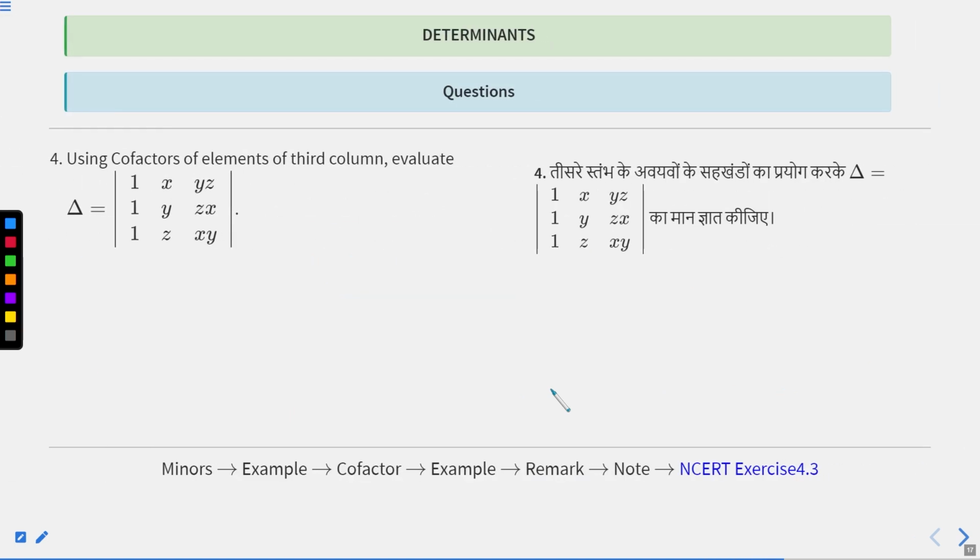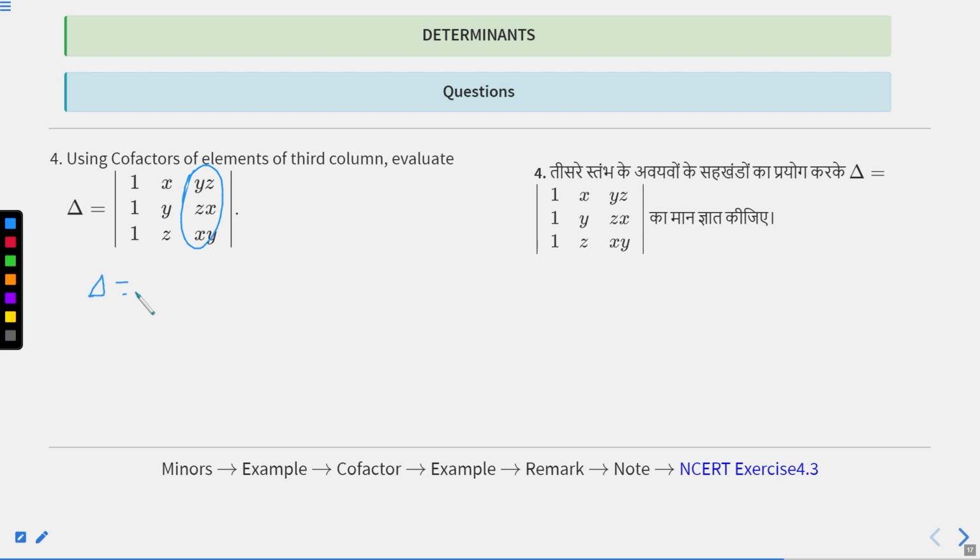Now, using cofactors of elements of the third column. So this third column we have to see. We have to expand the determinant. Okay, let us see how you are going to do that. Quite simple.